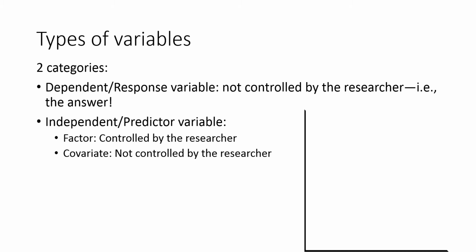It's the factor that you've controlled. You can also have covariance, something that's not controlled by the researcher on this. So maybe you have two things that are going to change in the same way. So maybe water level and water discharge are going to change in the same way. Those could be on that axis. And our response is going to be on the y-axis. And so that's generally the answer that we're looking for.